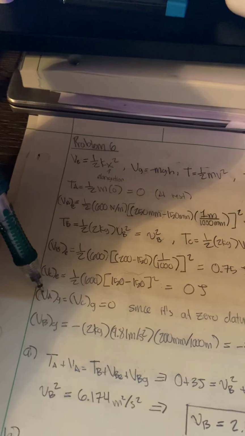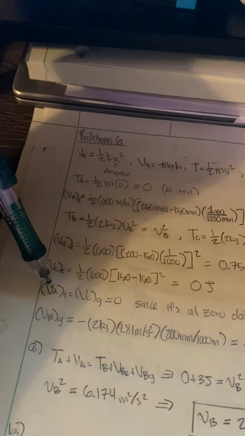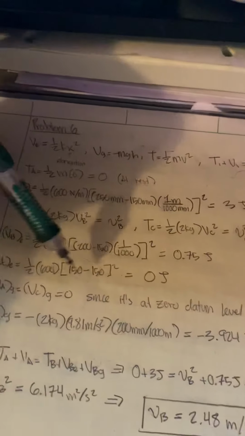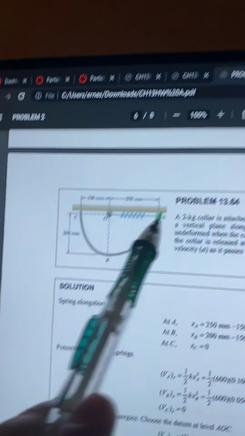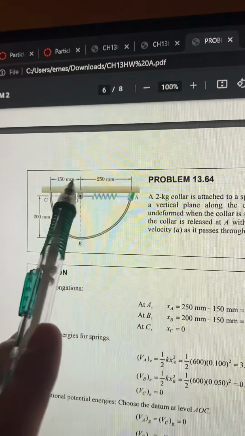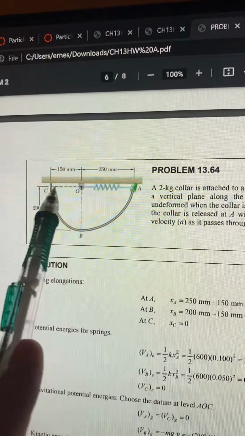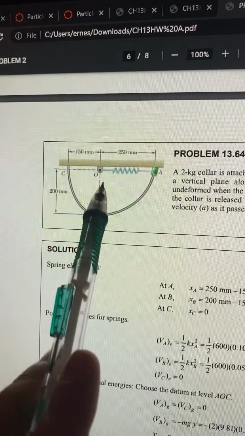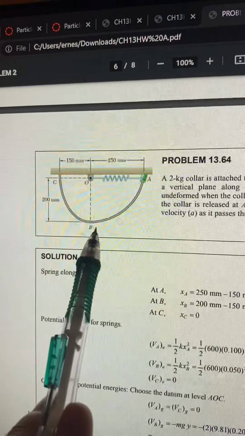And then for the gravitational potential energy, points A and C will be 0 just because they're at the 0 datum level. So here you've got A and C at the datum, which is why it will be 0. B actually has a value because it has a lower elevation, a lower height.